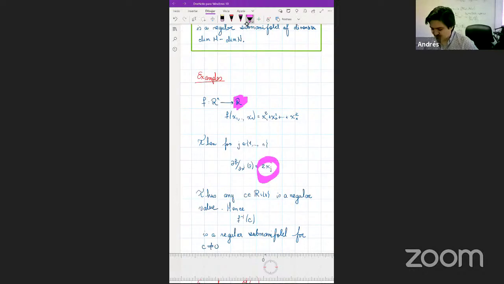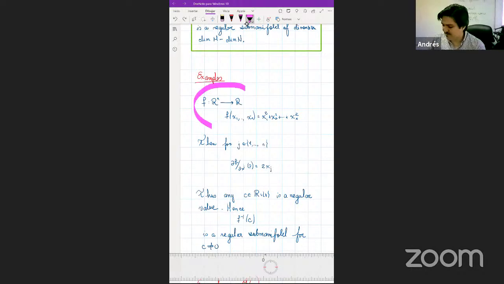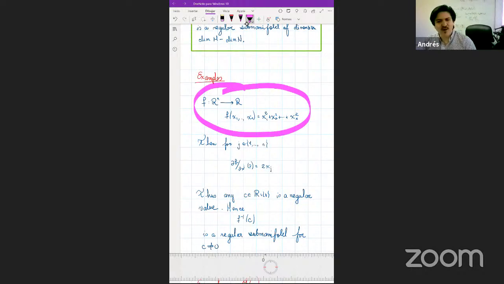Because you see how the differential looks. So also for what we have seen before, the graph of that is a paraboloid. Only the origin is the critical point, the minimum.